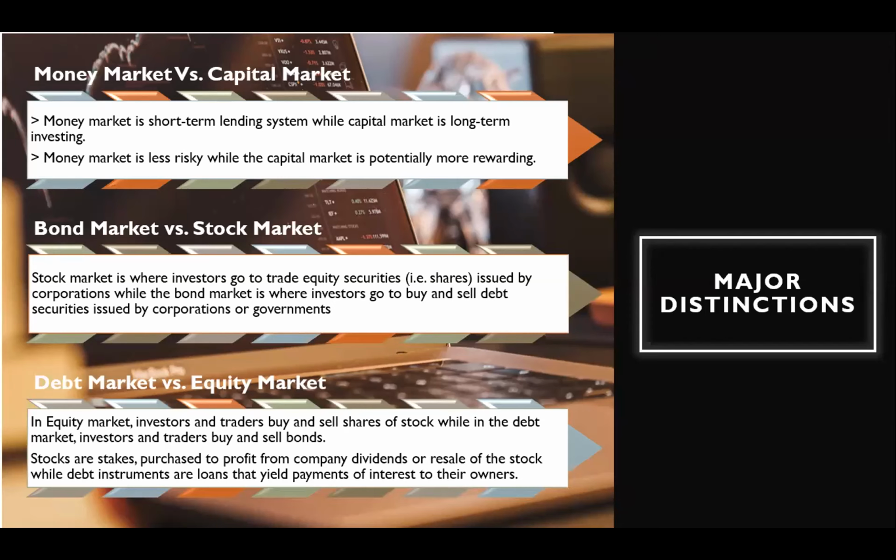So basically, when an investor buys a bond, he is loaning money to a company in exchange for regular interest payments. When he buys a stock, he is buying ownership in a company. So lastly, equity debt market versus equity market. Actually, they are similar to stocks and bonds.